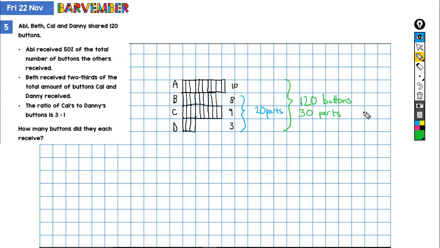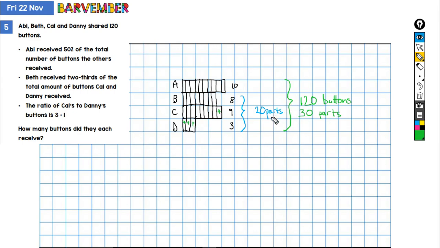Okay, so we need to divide 120 by 30, okay, which is 4. So each of these has a value of 4, and I could write 4 in all of these, but I'm not going to.